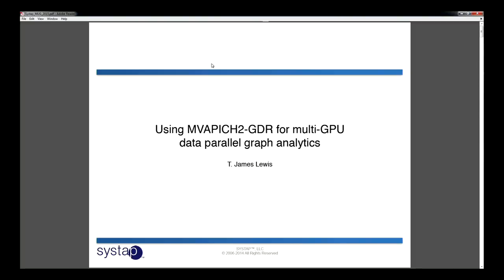Yeah, I'm James Lewis with Systap LLC, and I'm presenting on using MVAPICH-GDR for multi-GPU data parallel graph analytics.